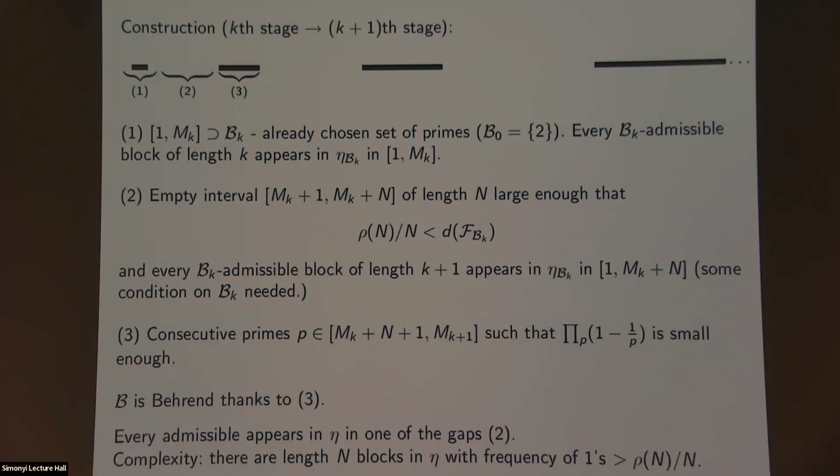And this means that in eta you meet at least rho n ones in this region, and comparing it with other properties, you arrive at this statement of complexity. This is technical, but the idea is more or less clear, I hope.